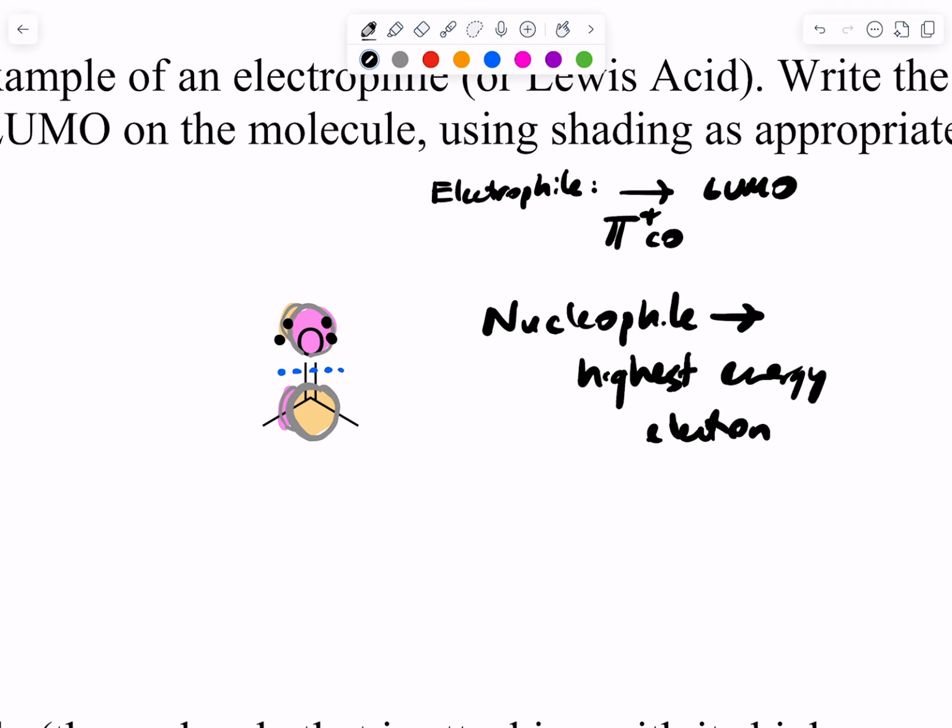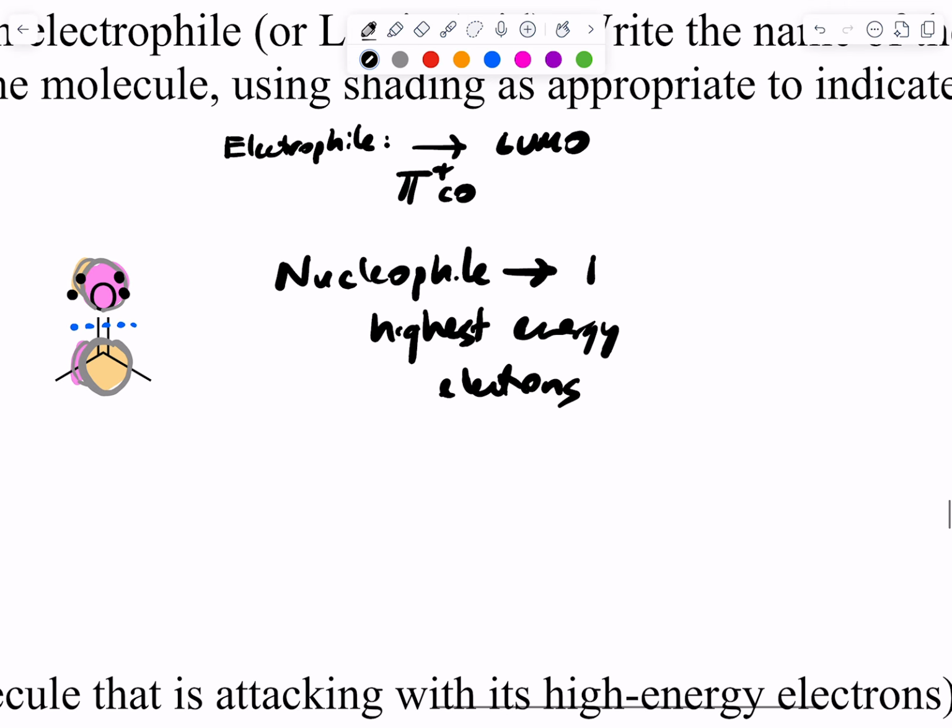You may be tempted to say it's the pi bond, and you are right that the pi electrons are higher in energy than the sigma bonding electrons. But higher still are those electrons that are not involved in a bond. Necessarily, lone pairs are higher in energy than all of the bonding orbitals. So if you have lone pairs, that's the HOMO. And that's true for this molecule as well.